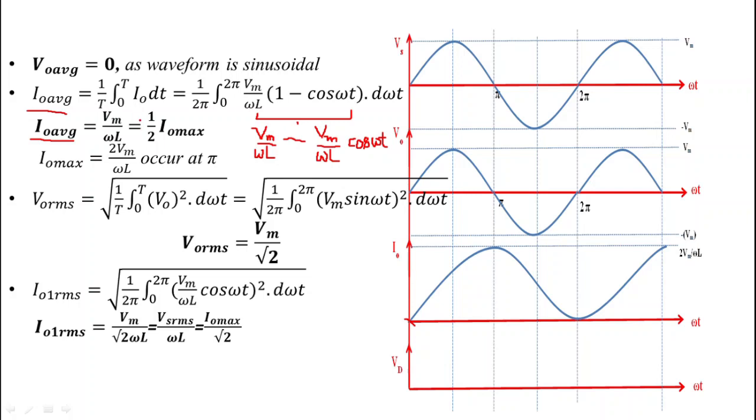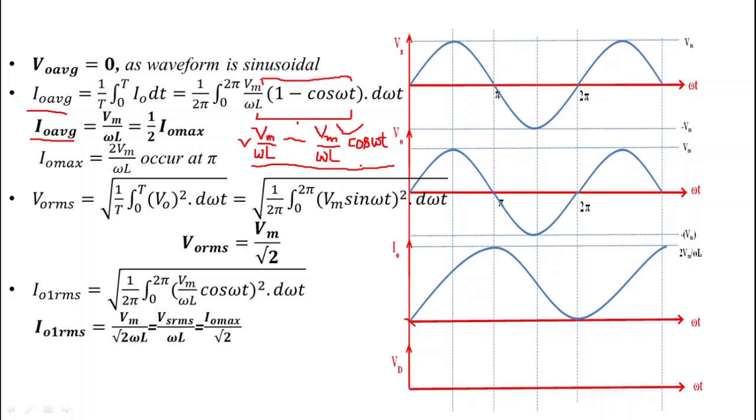To do this, we have to bifurcate this equation of current into two parts. We can write it as Vm by omega L minus Vm by omega L cos omega t. So this current has two components: this is the DC component and this is the fundamental component.